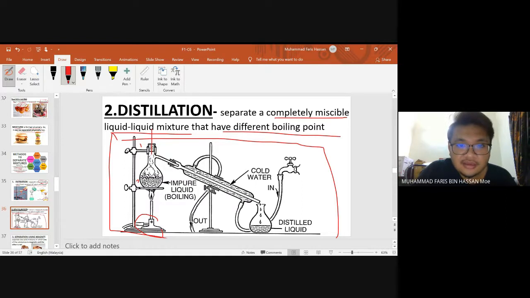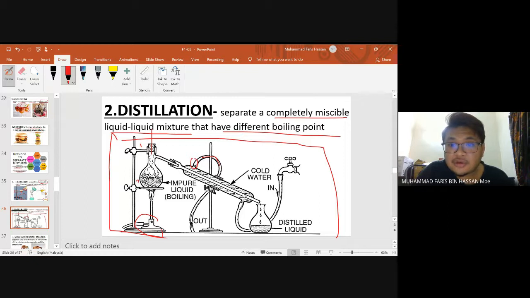And then this is a Liebig condenser, where the cold water goes in and will go out through this tube. This is the tube to take the water out from the Liebig condenser.